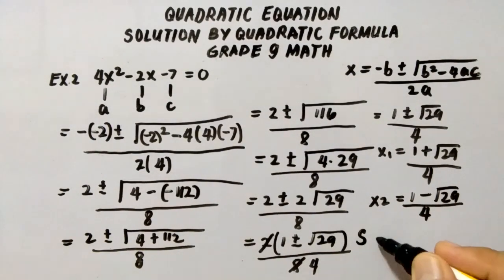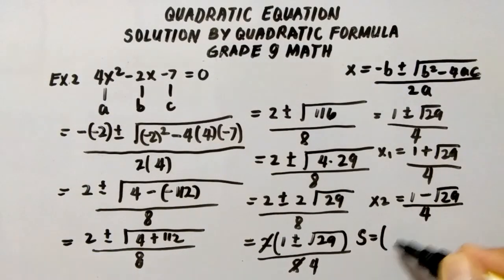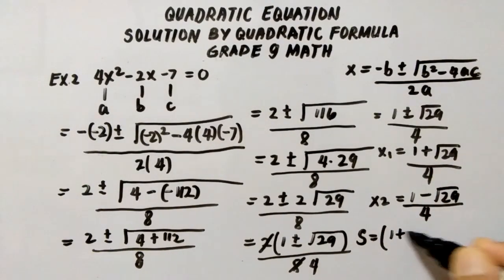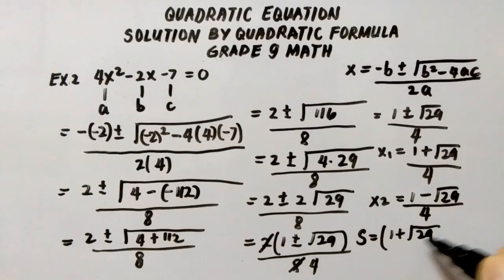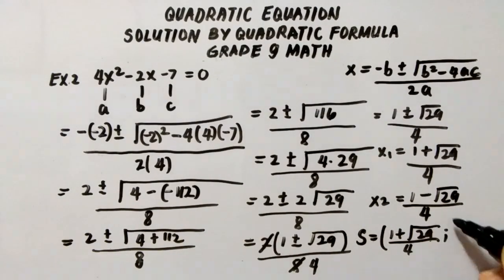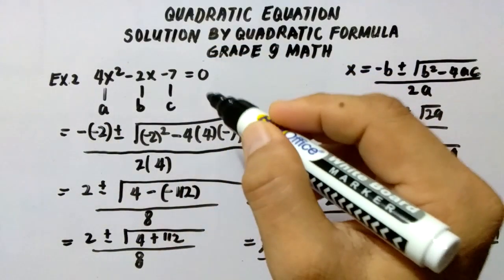So, solution is equals to quantity x of 1. We have 1 plus square root of 29 over 4. Then, x of 2. So, we have 1 minus square root of 29 over 4. Okay. So, this is the roots obtained in the given quadratic equation.